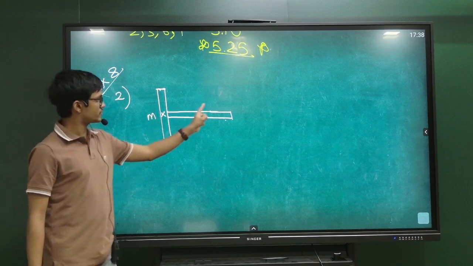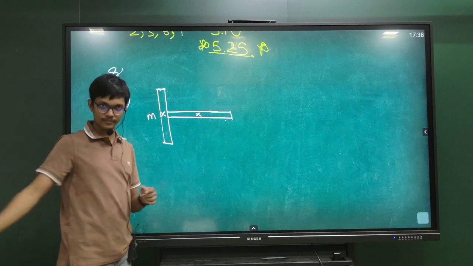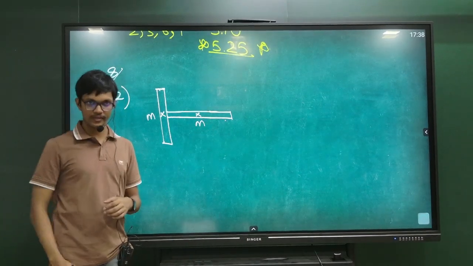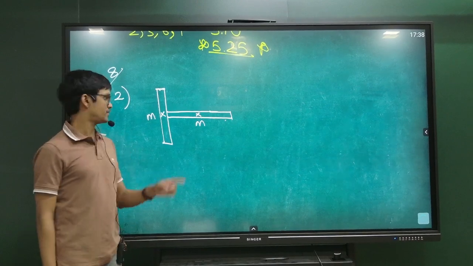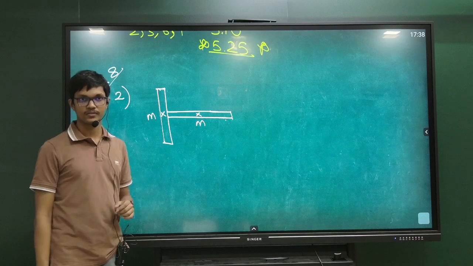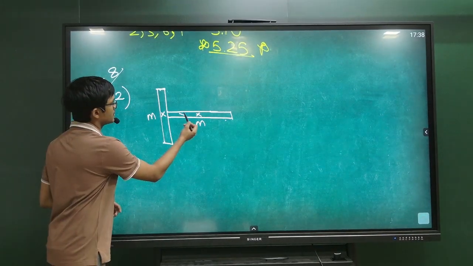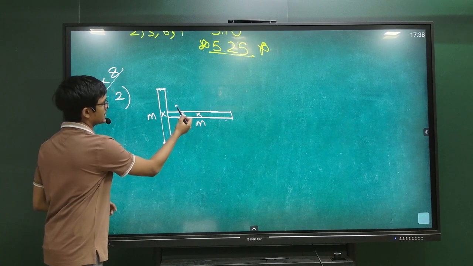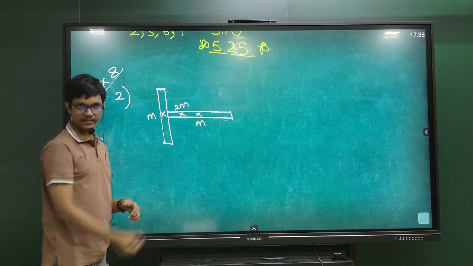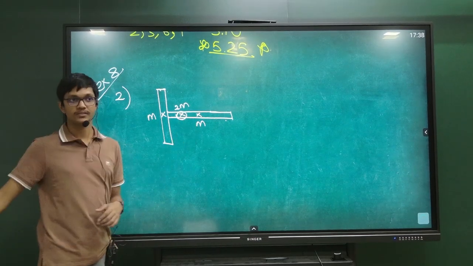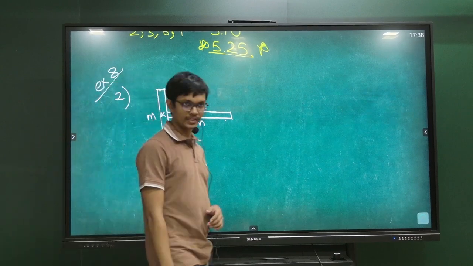If the mass of this part is again m, that m is centered here. Okay. Now where can you find the resultant of these two? At the center, right? That means here. This m and this m is centered here, 2m. Clear? So the resultant center of gravity will be around here. Is that clear?